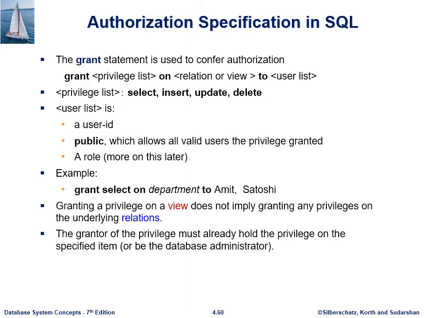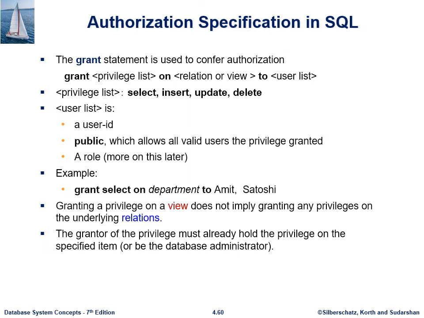So let's look at how to grant privileges to users. The grammar is: grant privilege list. The privilege list can be select, insert, update, delete, so we just list the privileges here. Then the keyword on, followed by a table or a view, so we give the table name or view name here.